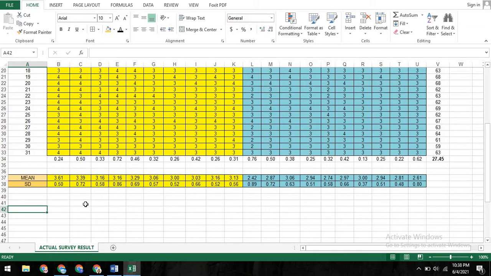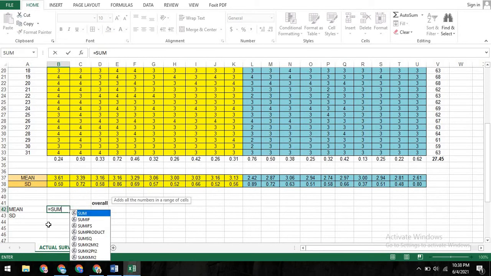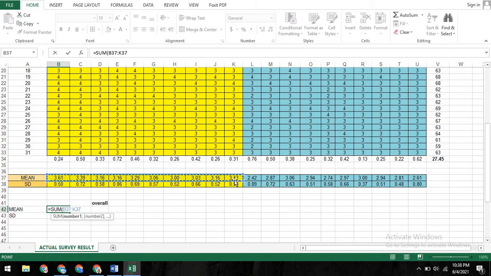So the overall, we are going to write mean and ST again and use the sum, open parentheses, and then divide it by how many questions under the psychological variable: 2, 4, 6, 8, 10. So we have 10 questions, enter.